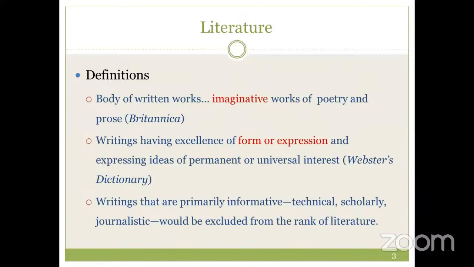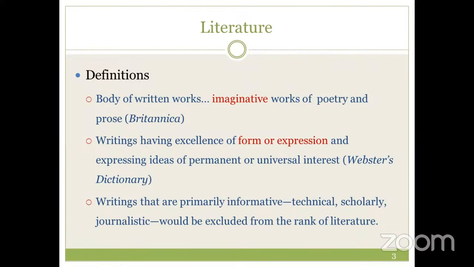Here are quick definitions of literature that we can find in different dictionaries: a body of written works; imaginative works of poetry and prose; writings having excellence of form or expression, and expressing ideas of permanent or universal interest. Writings that are primarily informative, technical, scholarly, or journalistic would be excluded from the rank of literature.